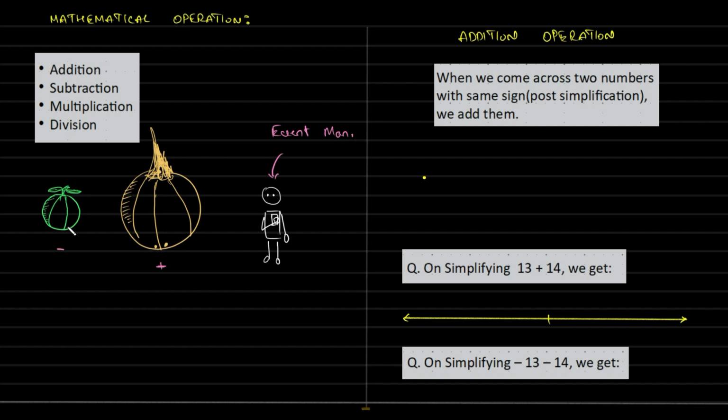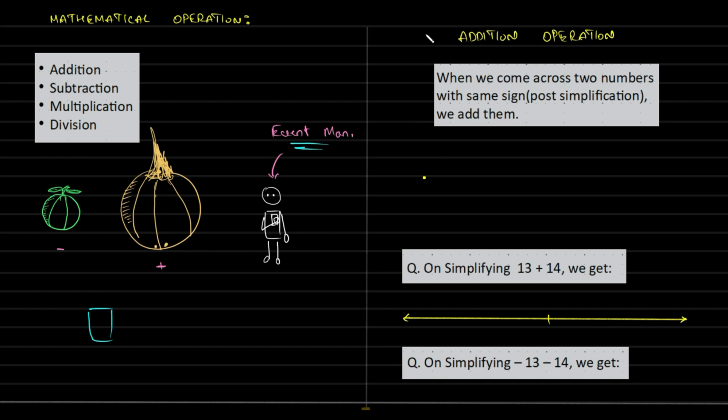What we can see here is that he has to maintain or arrange a set of coconut and guava in a bag. Each bag will have one coconut and one guava. That's his job, the event manager's job. So with this scenario, we'll understand the operation of addition and subtraction.